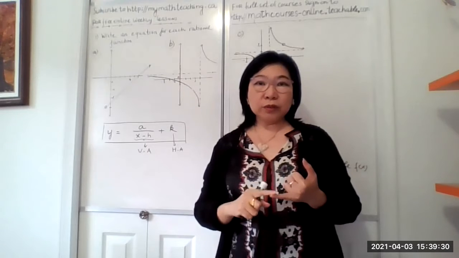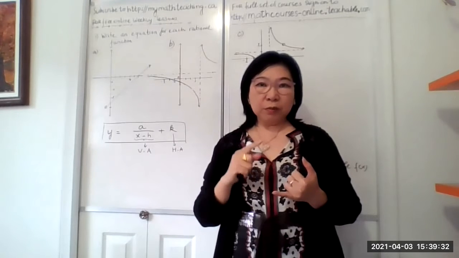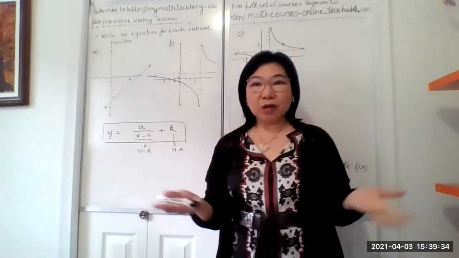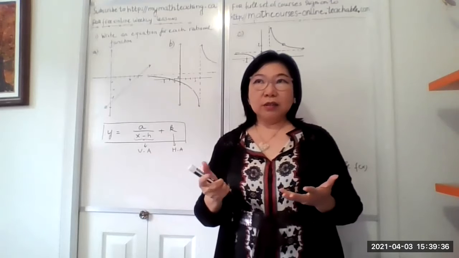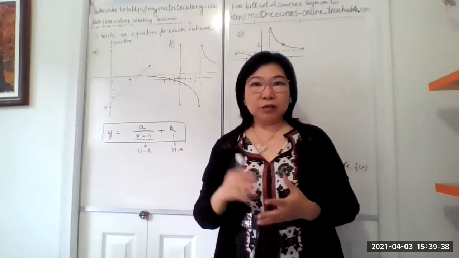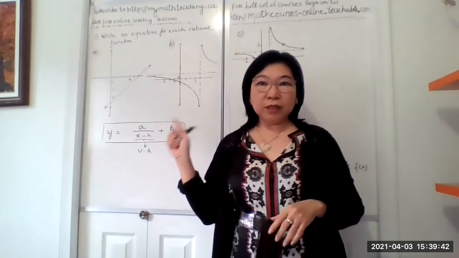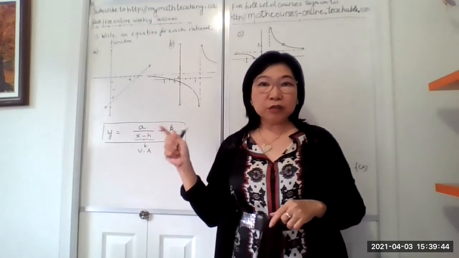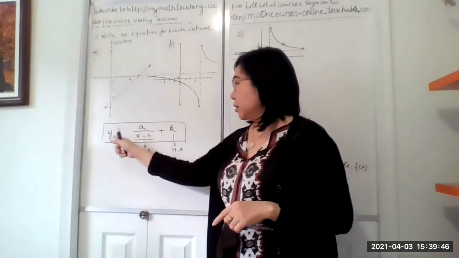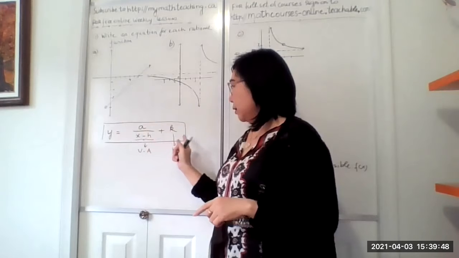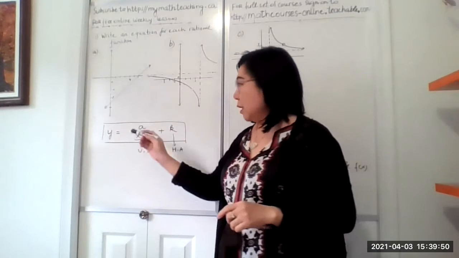Secondly, we know the general form of transformation on the function in general. So the transformation of the rational function in the general form is this form here. I wrote it on the board.